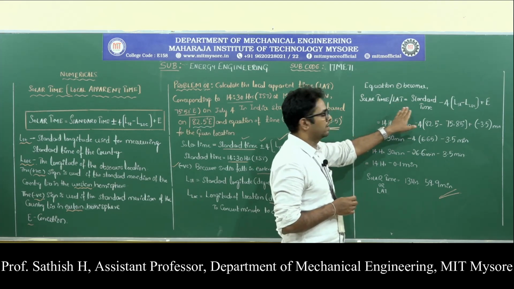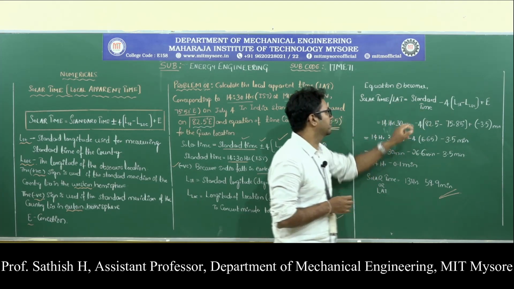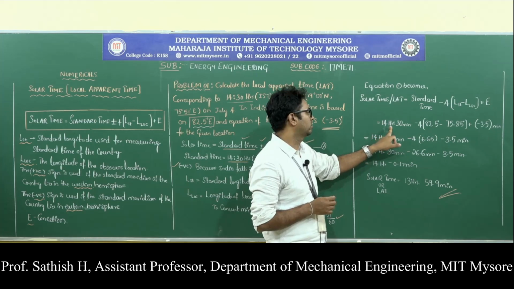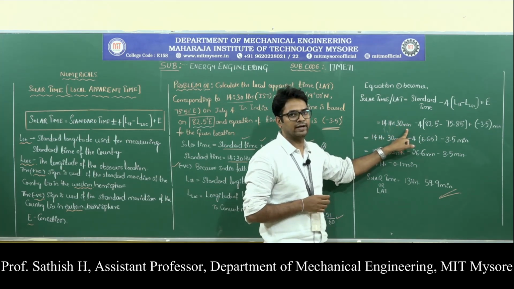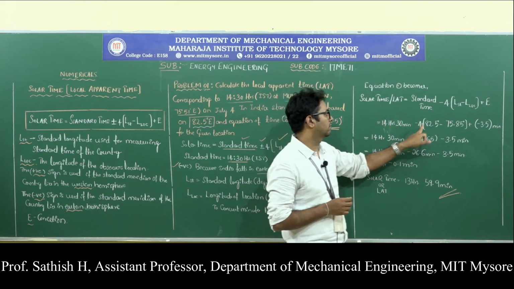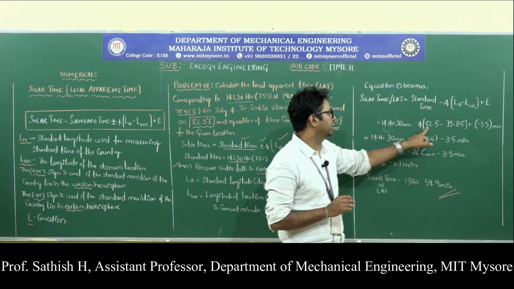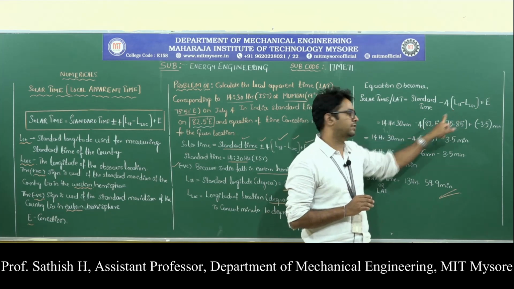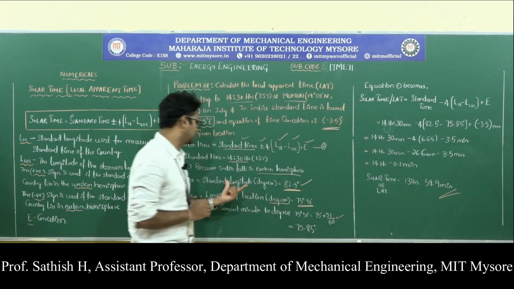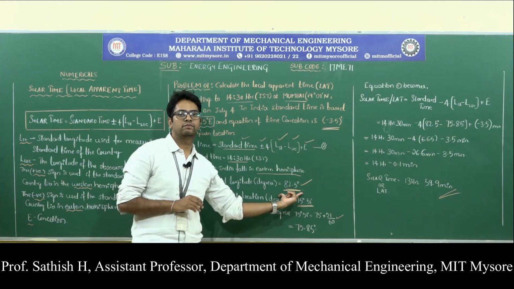For substitution, the solar time or LAT is equal to the standard time, which is 14 hours 30 minutes, minus 4 into the standard longitude, because India falls in the eastern hemisphere. Here the standard longitude is 82.5 degrees.